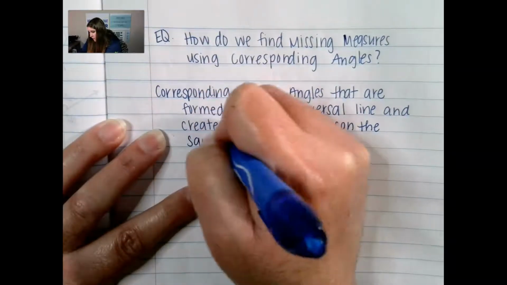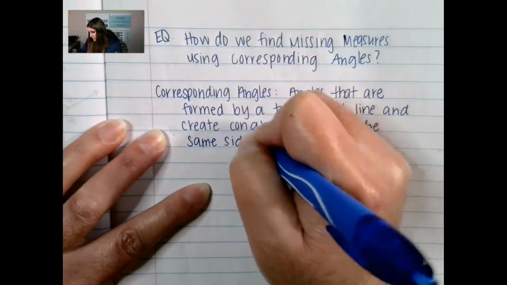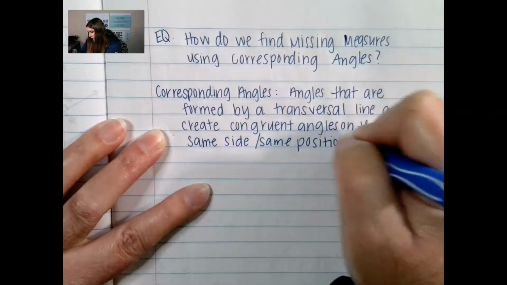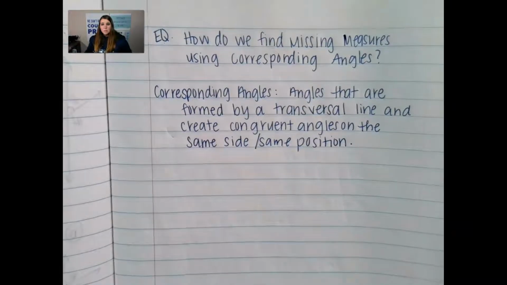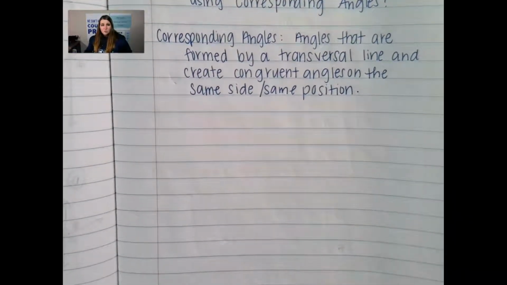So same side, same position. We're going to draw a picture so that we have that in our notes because it's going to be really important for us to use this definition moving forward. It's going to save us a lot of time.